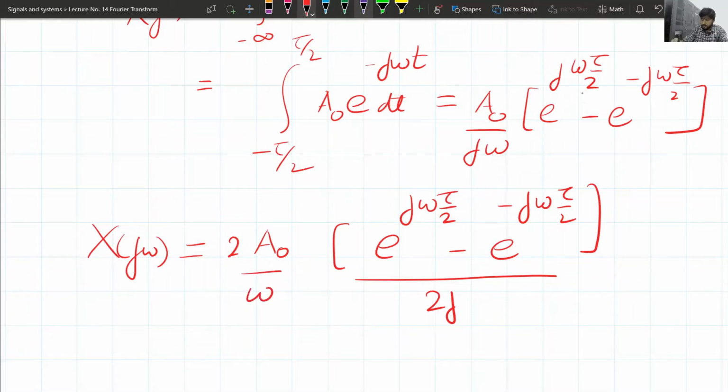You see, this function is the exponential form of the sinusoid.